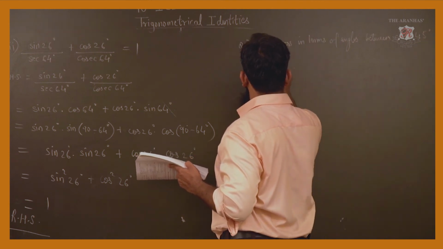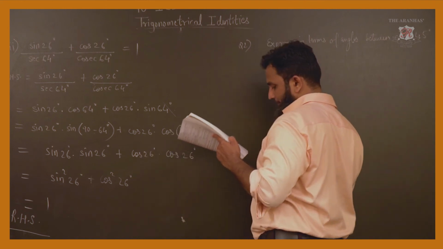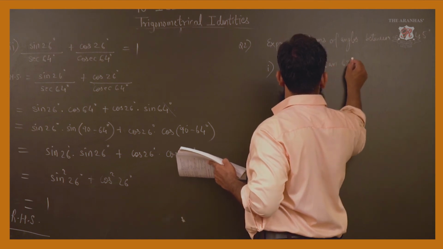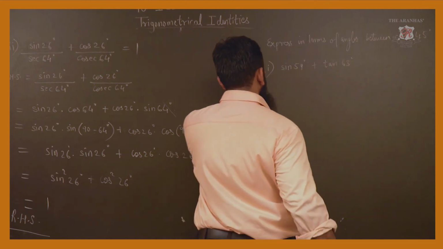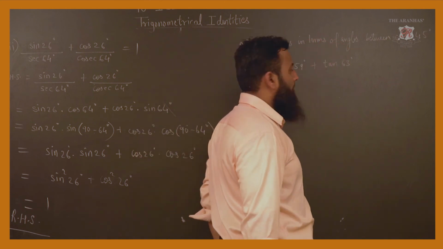Like they have given sin 59 degree and tan 63 degree. Simple. Now question arises, how to make it in 0 and 45?